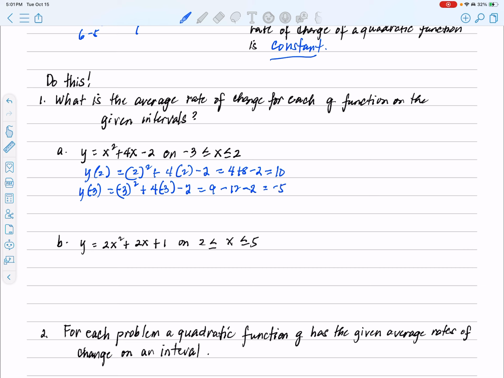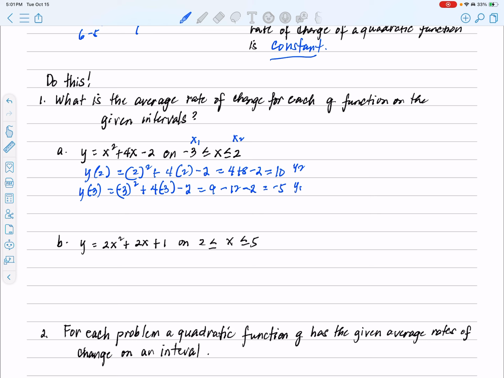Okay. Let's do it using the formula y2 minus y1. Okay? So I could have 10. This could be the y2. This is the y1. This is the x2. And this is the x1. All right?